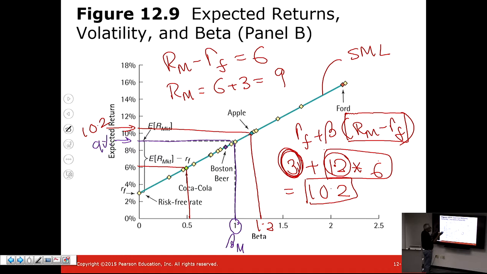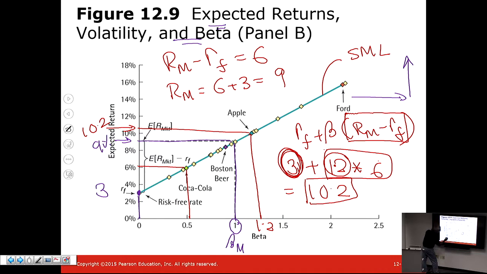So this gives us a scheme on what the expected return and beta relationship is expected to be. What it tells us is that as we increase risk of a stock, its expected return should go up. That's why this blue line is positively sloped. When we get to this point over here, it measures for us the risk-free return, which is 3%.